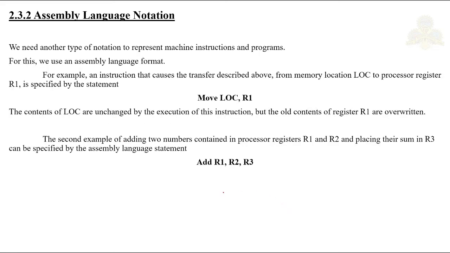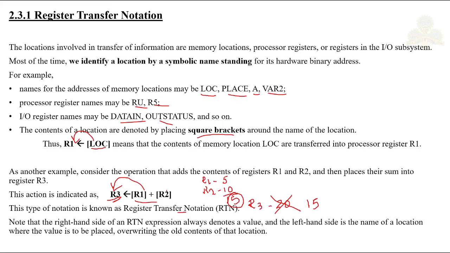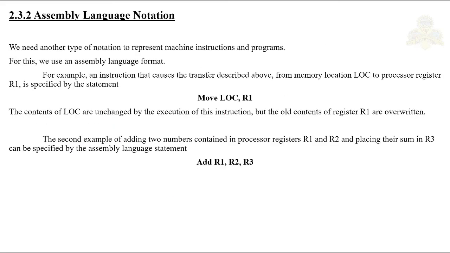Next, we will see about the assembly language notation. This is another type of notation to represent machine instructions. Say suppose we want to move the content of the memory location to a register. Now what do we do? We write an instruction saying move LOC, R1. This LOC is a memory location, R1 is a processor register. Now say suppose this memory location contains a value, say 5.